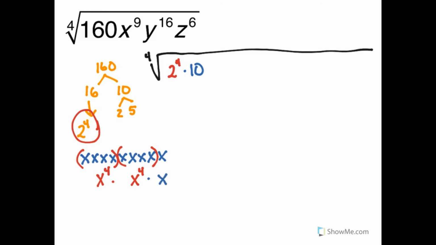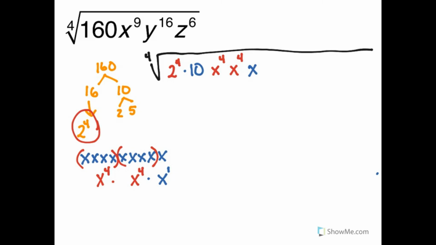Now, if you think about 9, 4 plus 4 is 8, and x to the 1 makes 9 copies of x. You can see that you could just take away 4 from the 9, that leaves 5. Take away 4 from the 5, that leaves 1.